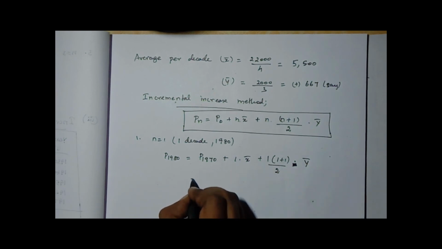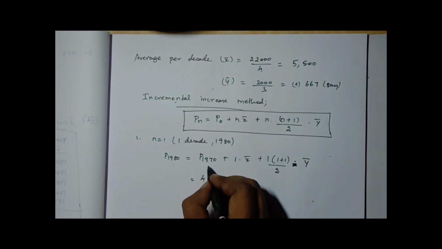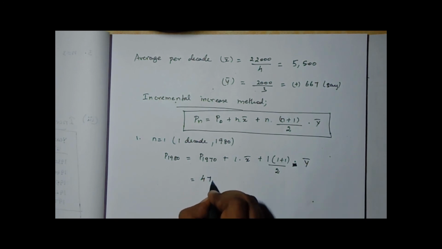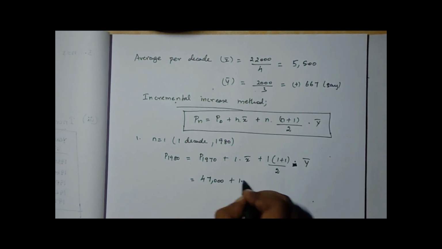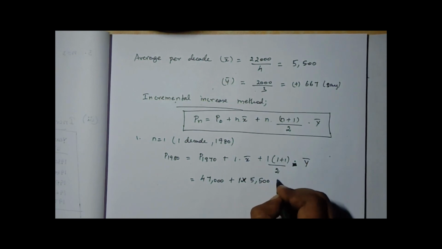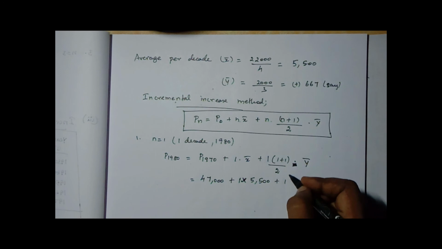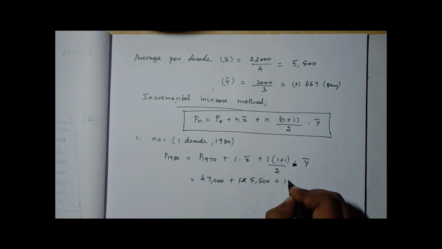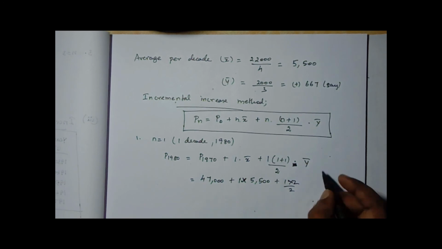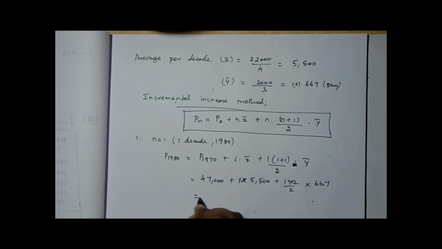When we substitute these values, we get the population in the year 1970 as 47,000 plus 1 into 5,500 plus 1 into 2 by 2 into 667. So we'll get the value as 53,167 in the year 1980. So this is the population value.